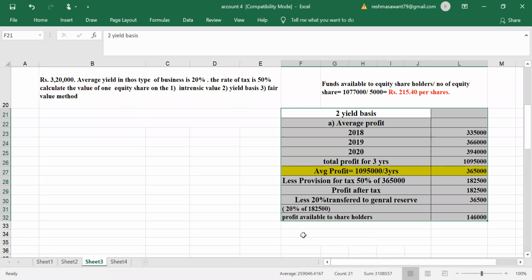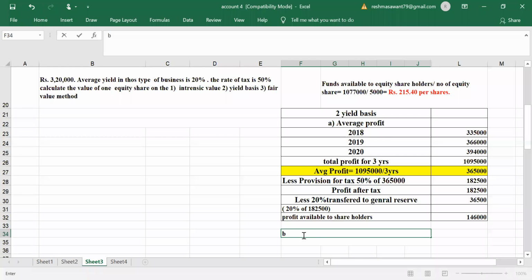Second, or B point, total capitalized value of profit. Now we use the formula for capitalized value of profit.